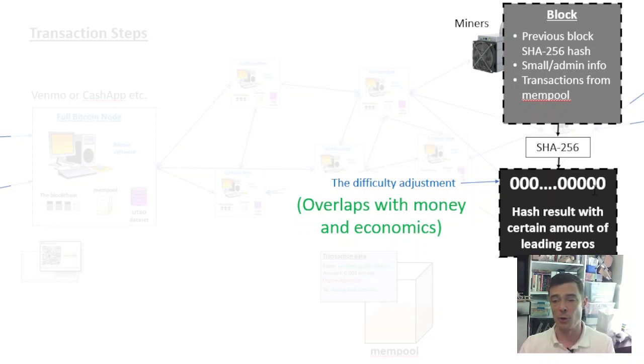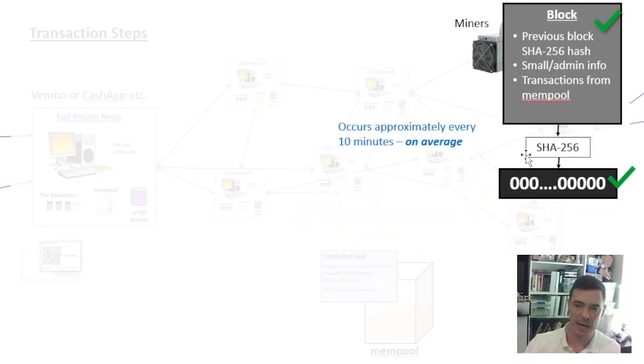This is very critical. We're going to spend a bunch more time on this, but they're constantly rehashing to achieve this. And the first miner that finds this now has a block that the nodes are going to accept, and this block includes your transaction.